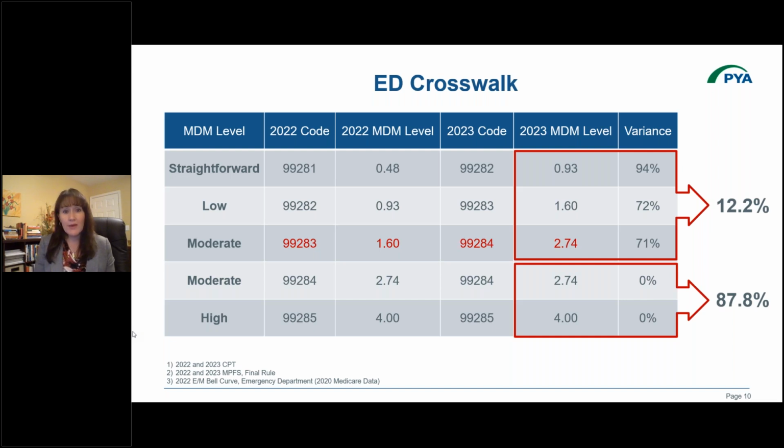However, you might miss the change in the coding: now the 282, 283, 284, 285 are going straightforward, low, moderate, high, and it used to be that the 99281 was straightforward, 99282 was low. We had 2 moderate codes. This is all medical decision making level, and then the high at the 285.